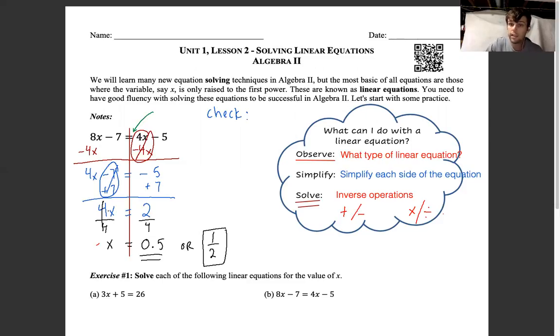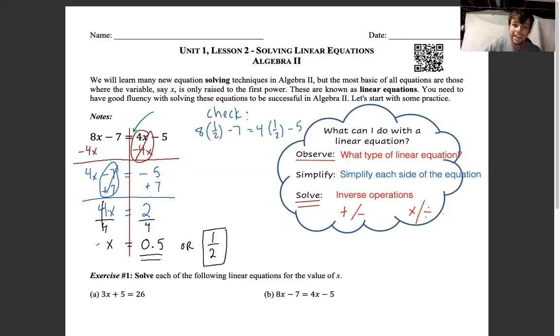So I'm going to go ahead and check that really quickly. 8 times 1/2 minus 7 equals 4 times 1/2 minus 5. I'm going to simplify each side here and just make sure that I do indeed get a true equation.